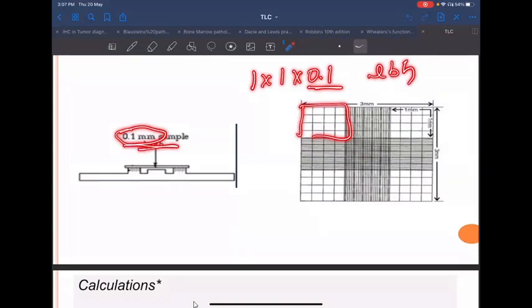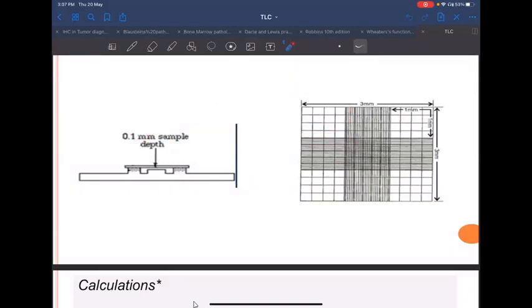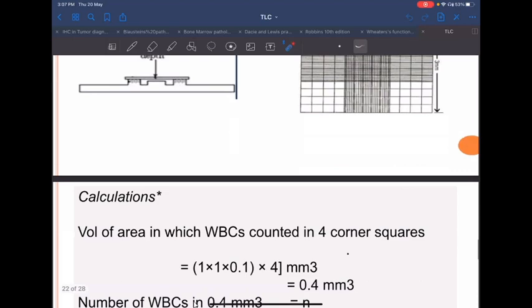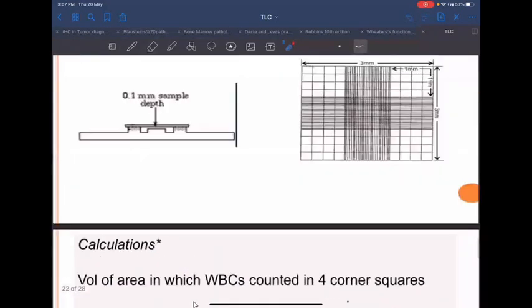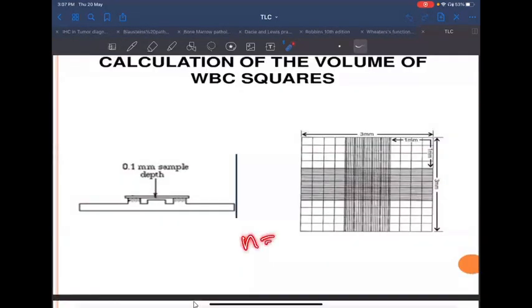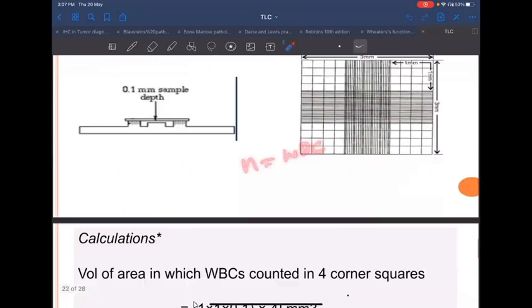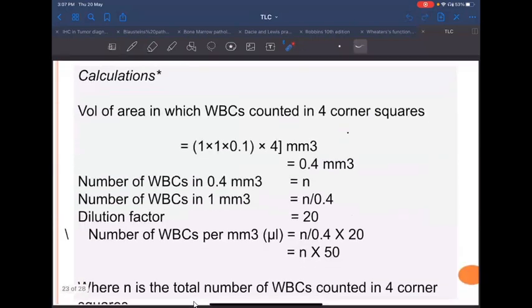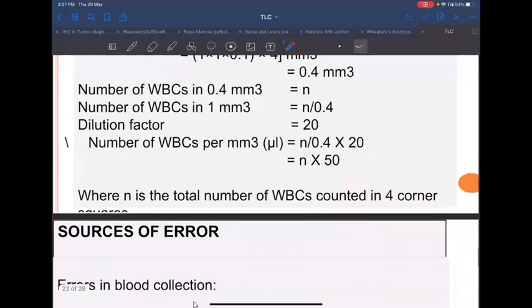So the volume of one will be 0.1 mm³, and the volume of all four will be 4 multiplied by 0.1, which is 0.4. In 0.4 we counted n WBCs, and in 1 mm³ it will be n by 0.4. Multiplying by the dilution factor, we get n by 0.4 into 20, and n into 50 is the number of WBCs in 1 mm³.